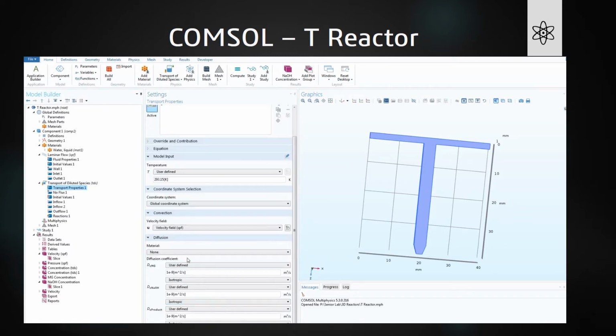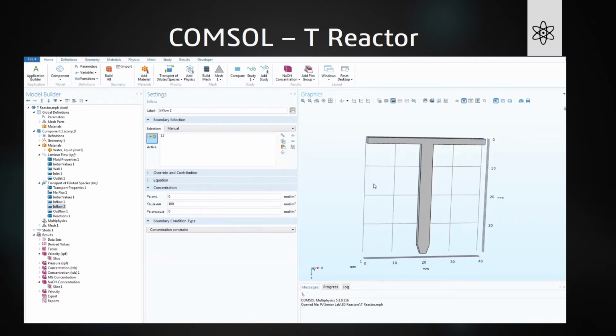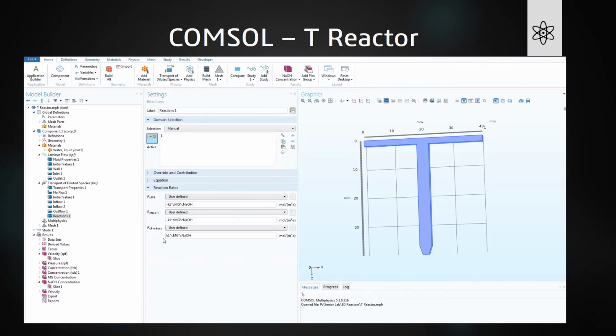COMSOL assumes the diffusion coefficient of Mg, NaOH, and the product, which is fairly close to the actual values we are using. This inlet had a flow of Mg, with a concentration of 0.5 moles per meter cubed, and the other inlet had NaOH flow, with 100 moles per meter cubed. These are the reactions for Mg, NaOH, and the product.